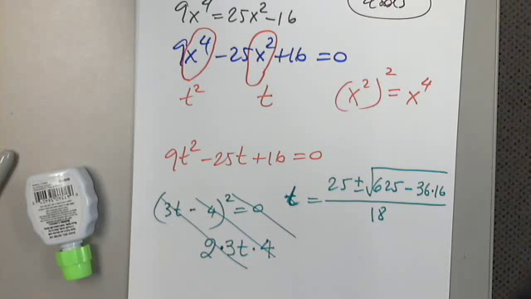I close the parenthesis. I close the parenthesis outside, and I divide by 18. So 25 plus or minus the square root of 625 minus 36 times 16.